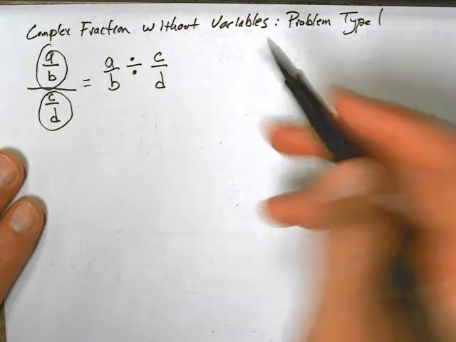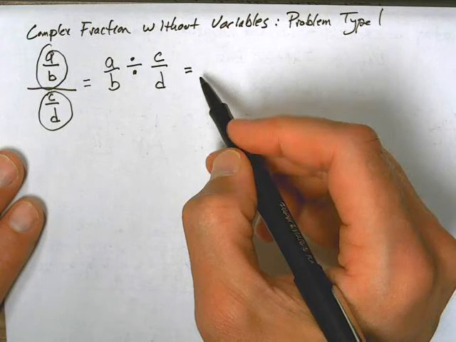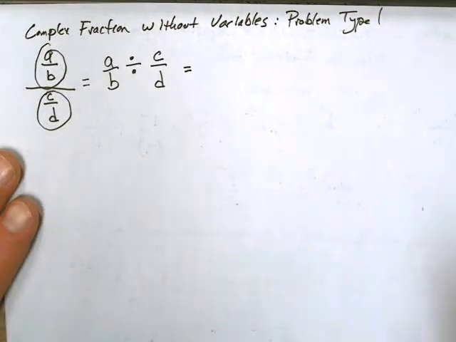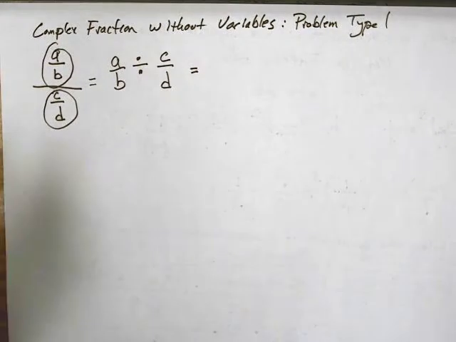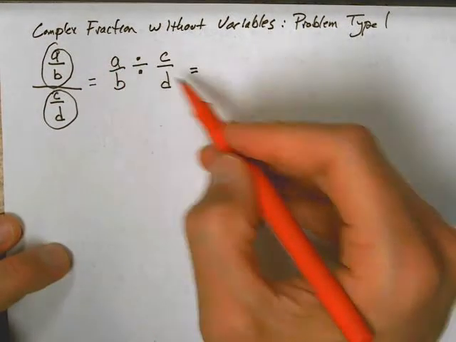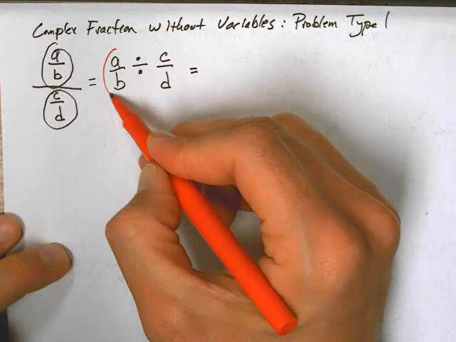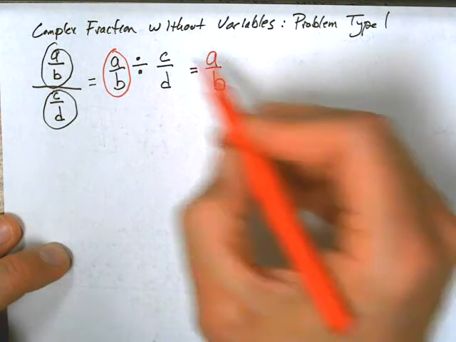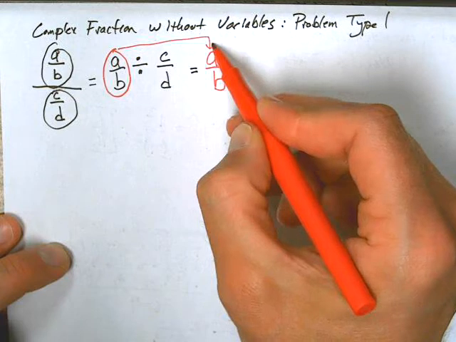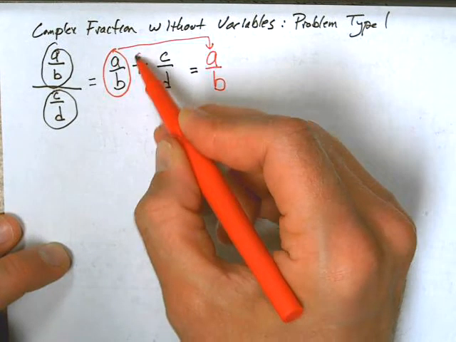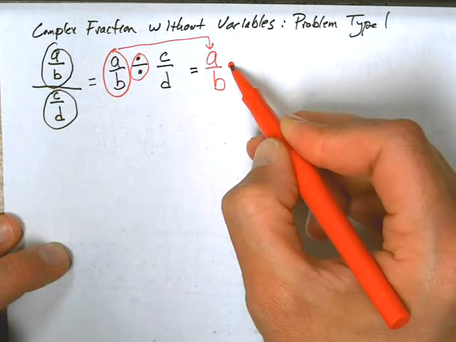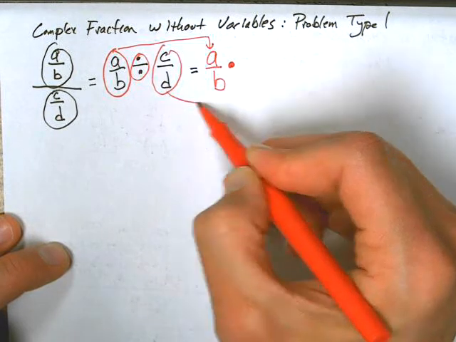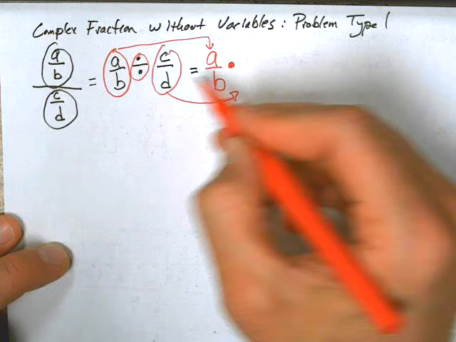Now, the other key thing to realize is that division is defined as really multiplying by the reciprocal. So what I mean is I'm going to multiply the first fraction, a over b. It doesn't change. You keep that the same. But then I'm going to change this sign into multiplication by the reciprocal. This reciprocal means just flip the fraction.